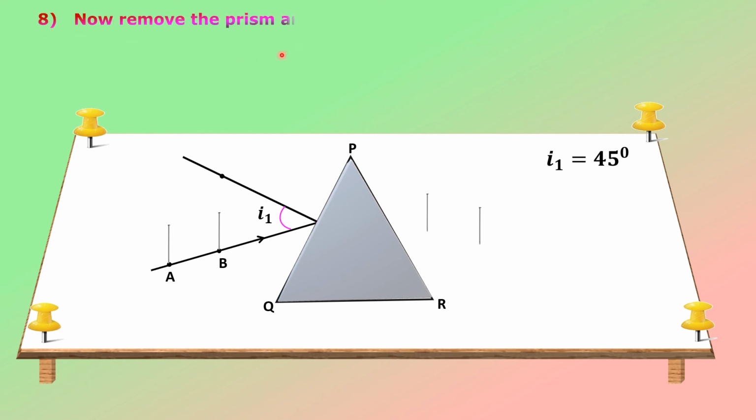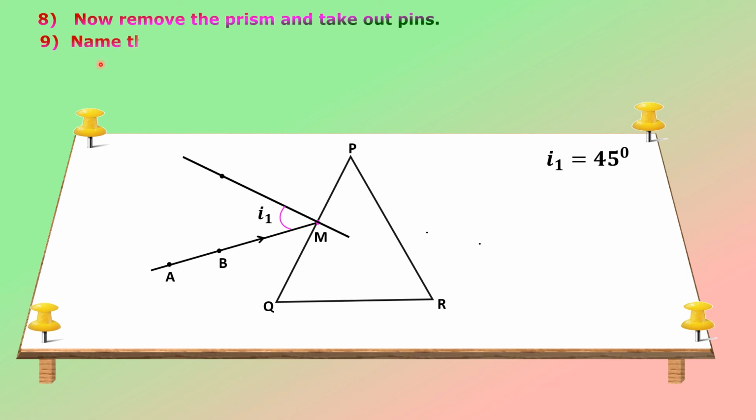Now remove the prism and take out the pins. And here 2 pin holes have been formed.